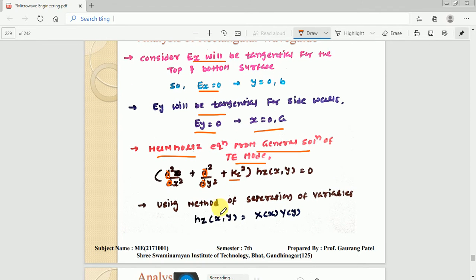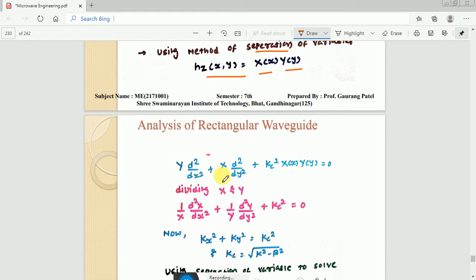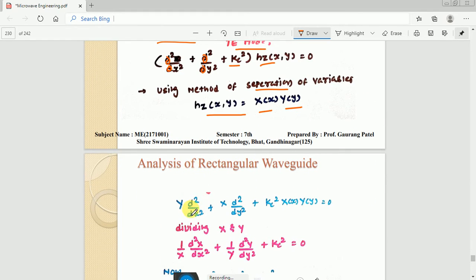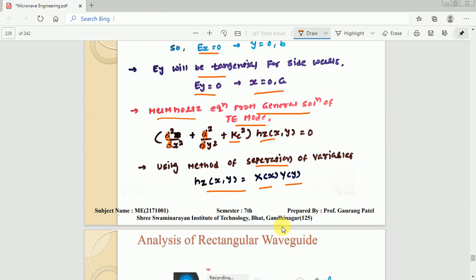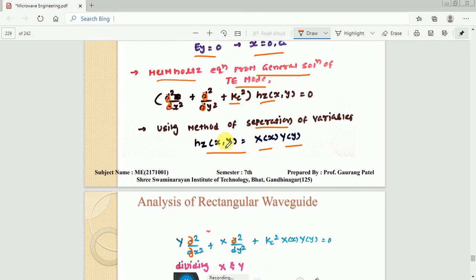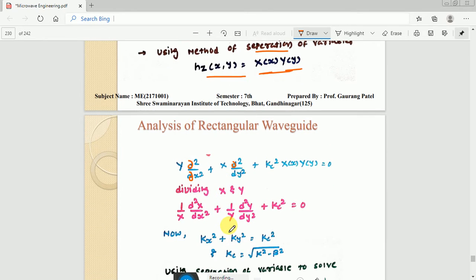Now using the method of separation of variables, we can write Hz(x,y) as X(x) into Y(y). Then we have Y del square X by del x square plus X del square Y by del y square plus kc square into X(x) into Y(y) is equal to 0. We have just replaced Hz(x,y) by X(x) and Y(y).